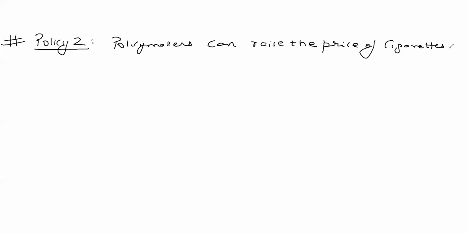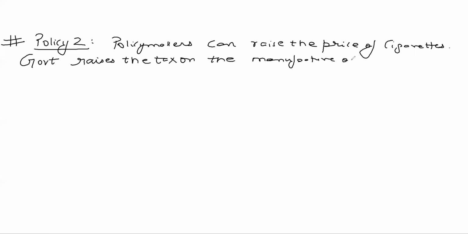Suppose the government raises the tax on the manufacture of cigarettes. So we can write it like this: government raises the tax on the manufacture of cigarettes.